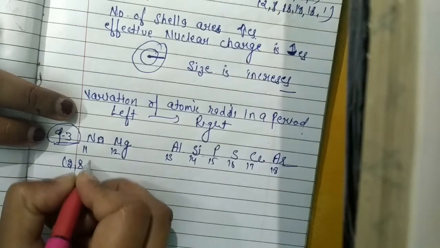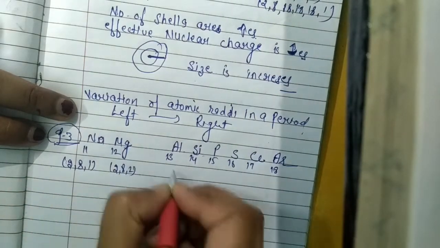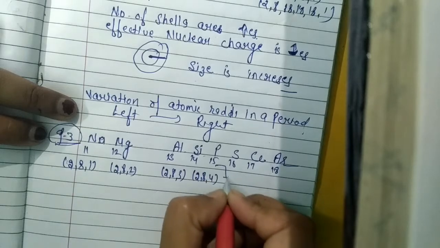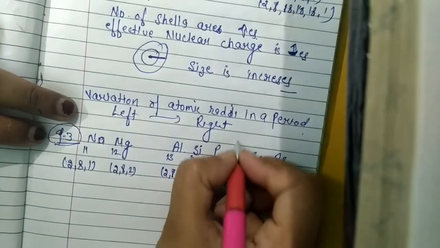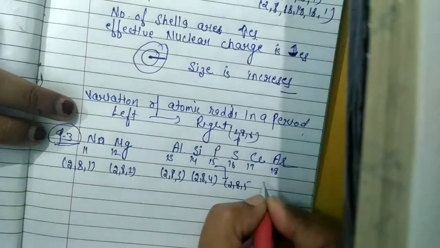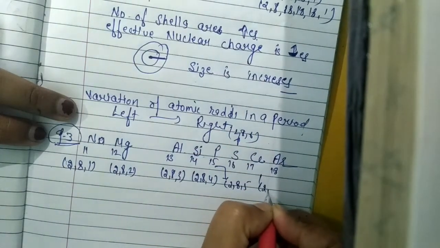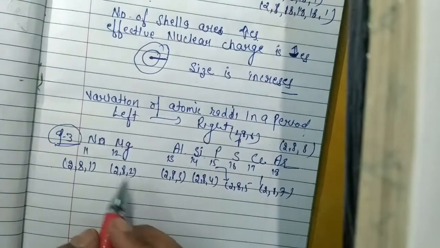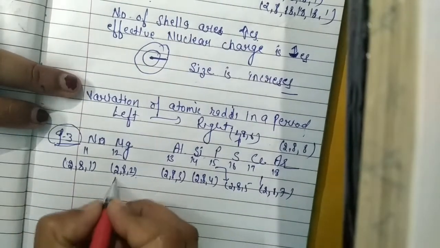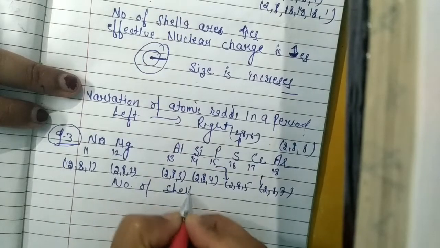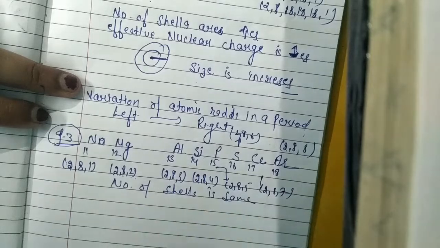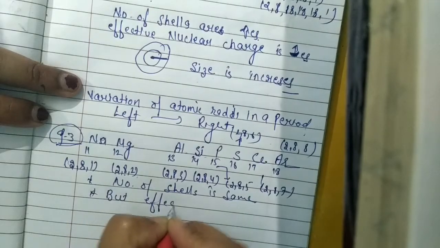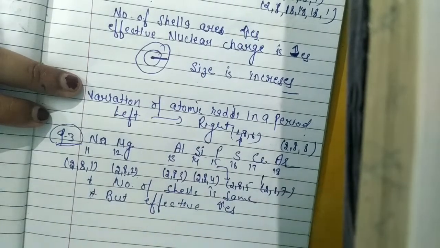Now for atomic numbers 11, 12, 13, 14, 15, 16, 17 and 18, the configuration becomes 2-8-1, 2-8-2, 2-8-3, 2-8-4, 2-8-5, 2-8-6, 2-8-7, 2-8-8. In each and every case, the number of shells is the same, but the effective nuclear charge increases.